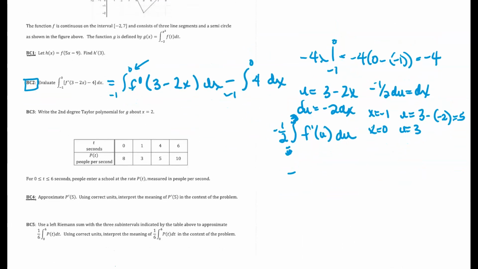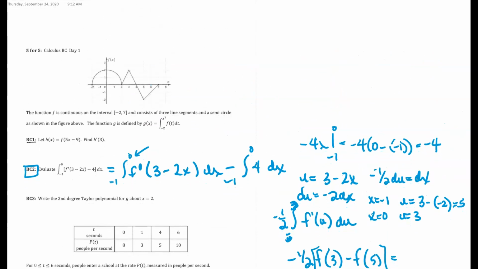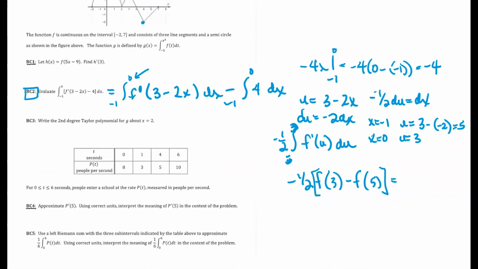So -1/2, the antiderivative of f prime is f. So we have f of top, 3, minus f of bottom, 5. And now let's go up to our graph of f. F of 3 is 2, and f of 5 is -2.